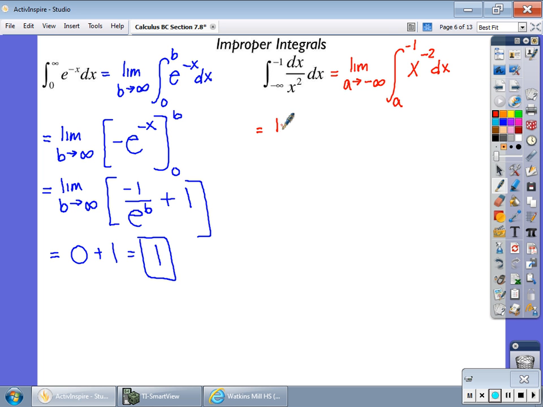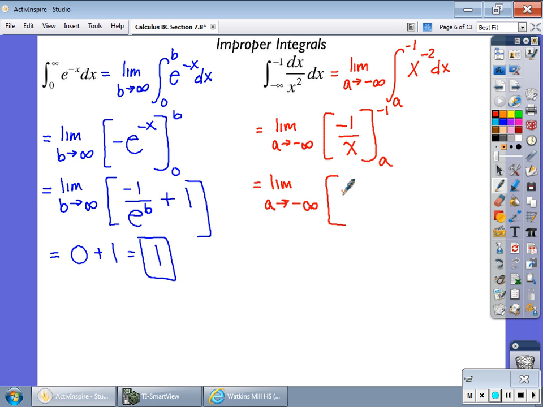This is equal to the limit as a approaches negative infinity of negative 1 over x evaluated from a to negative 1. So that's the limit as a approaches negative infinity.